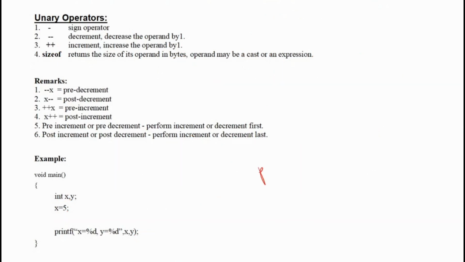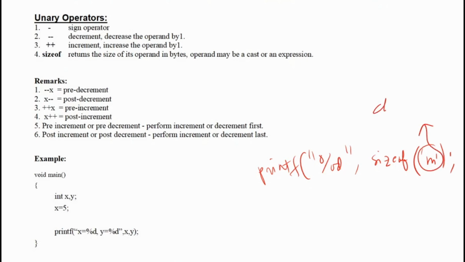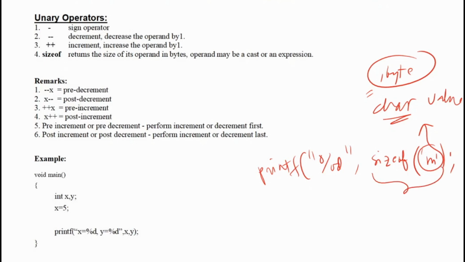How about if we say printf %d sizeof m? What is m? M is a character value. And since that is type character, whatever that value is, it will be allocated 1 byte in the memory. So this would be 1.